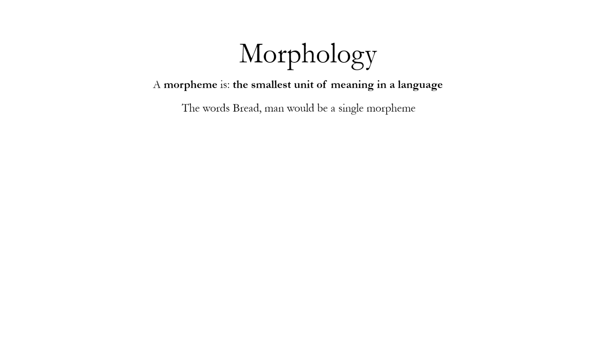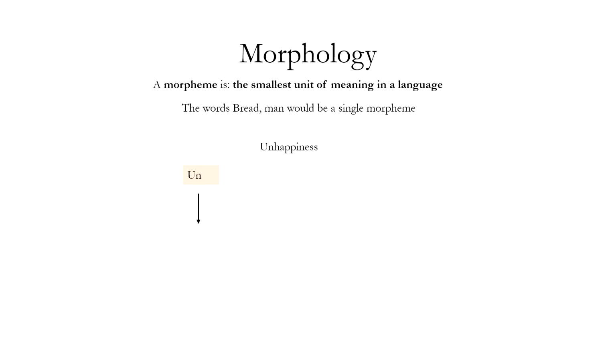Now let's talk about morphology. This is something that produces something called a morpheme, which is the smallest unit of meaning in a language. So when we look at words like breadman, that would be a single morpheme. And we saw that the word unhappiness, though, carries multiple morphemes, right?